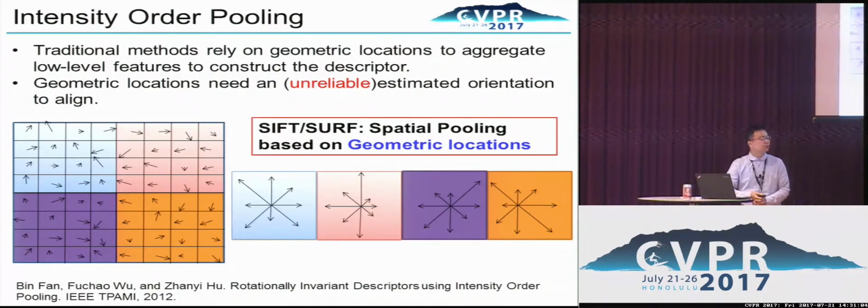As shown in this figure, each color represents a spatial pooling area based on the geometric locations. Such a geometric location-based spatial pooling method is unreliable since it has to align the locations according to an estimated orientation, which is usually not stable.